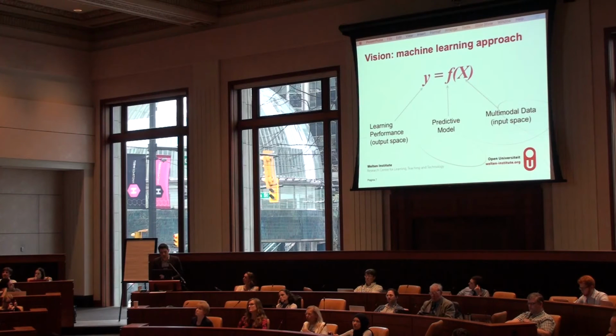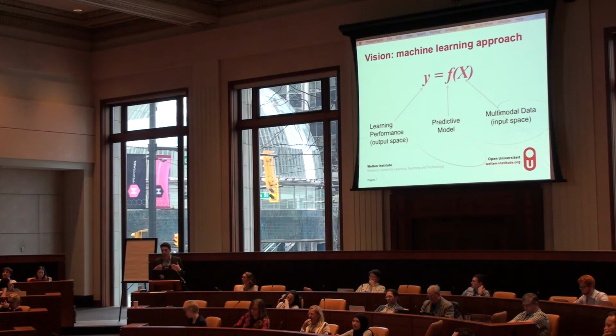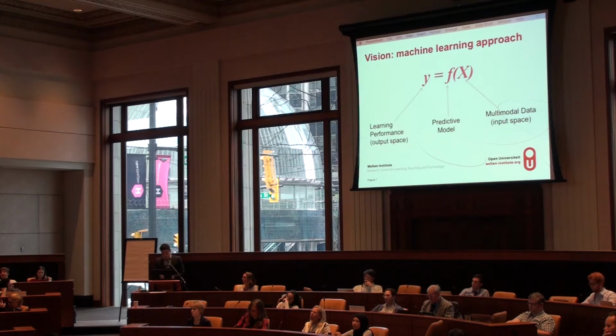But the intuition is that if we can collect multimodal data and pair this multimodal data with learning performance, this would allow us to learn predictive models that are able to predict learning performance out of the historical data. So the division I make is important: the multimodal data, which I call the input space, and the output space, the learning performance.